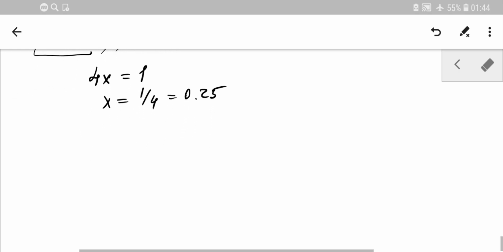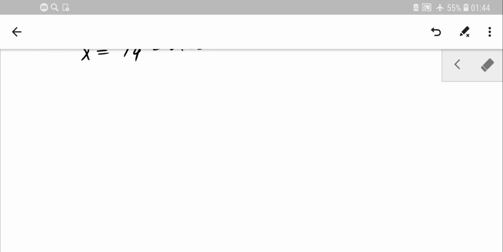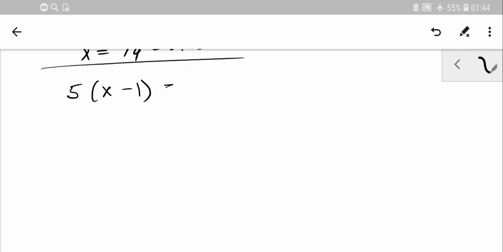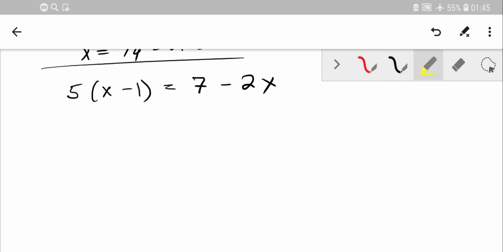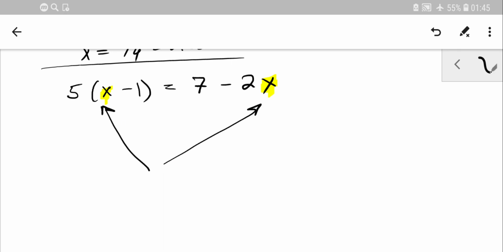So right now we're going to go to equations with several variables. The best example is below here. Let's say we have 5x minus 1 equals 7 minus 2x. As you can see, we have several variables, but in terms of unknowns it's still a single one, but we have them in different parts of the equation.